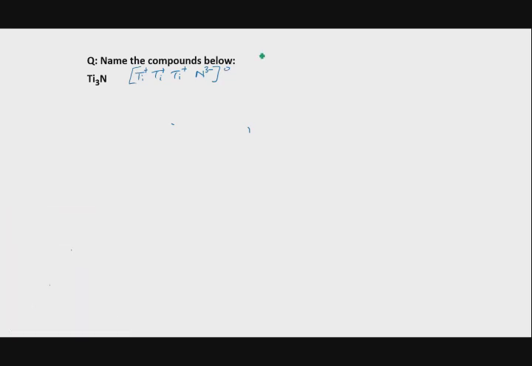In order to name this compound, we give the name of the metal, titanium, followed by, in parentheses, the magnitude of the charge on one cation. This total is the cation, and then the name of the anion comes from nitrogen and becomes nitride.